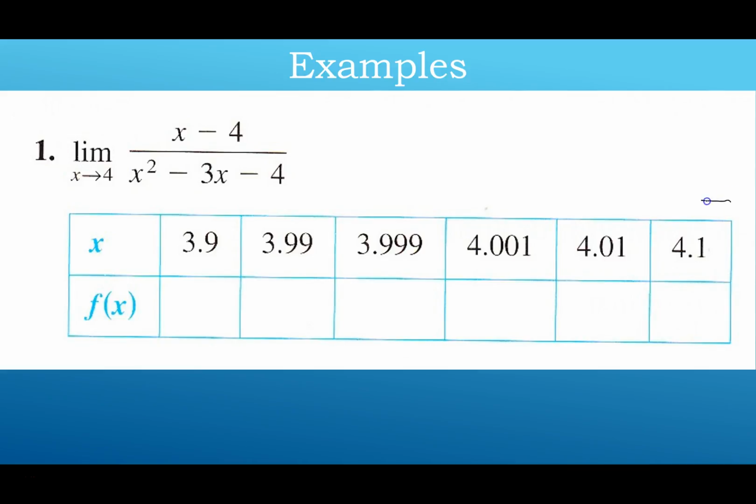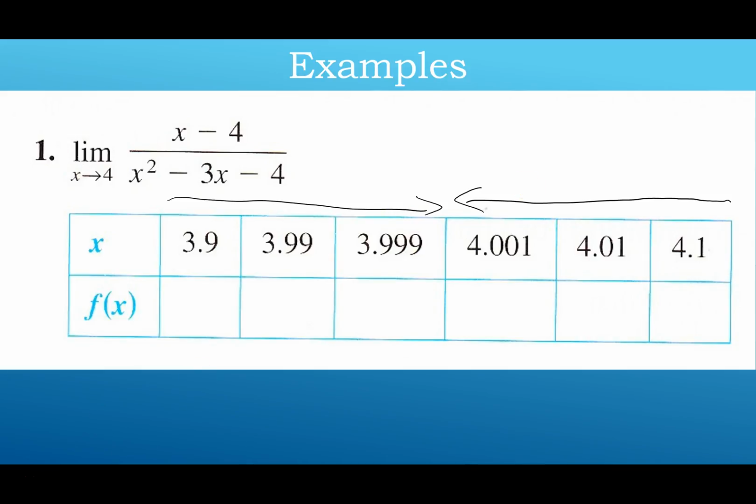As you can see, as we're getting closer to 4, we'll be approaching some y value from the right-hand side and from the left-hand side. And if both those numbers agree on the number they approach, that's the value of this limit. So that's what we're going to do in this exercise. We're going to plug in these 6 x values and see what we get.